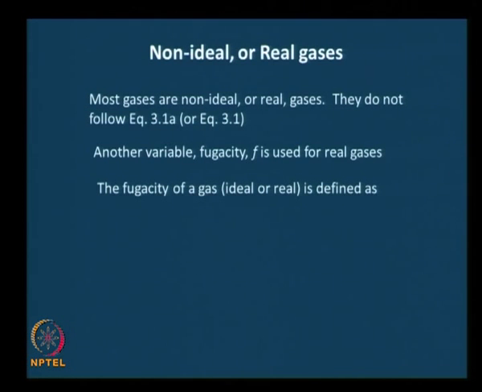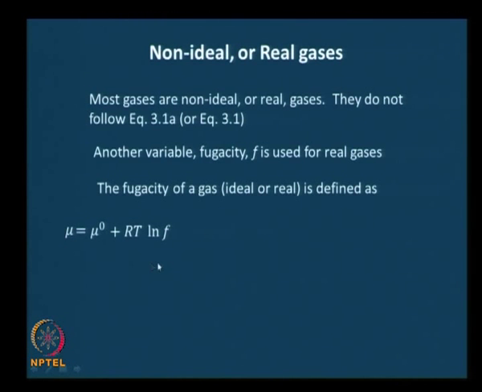Therefore, the fugacity of a gas, either ideal or real, is defined by the expression chemical potential mu equals mu naught plus RT ln F. Note that for an ideal gas it was mu equals mu naught plus RT ln P. Here instead of P we are using fugacity.